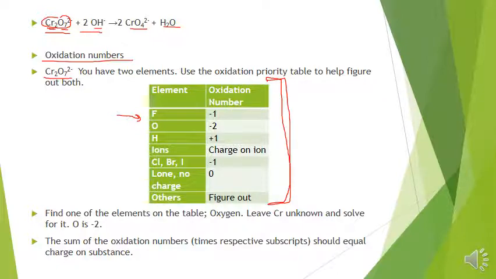Now it's just a little thing about oxidation numbers. They're related to, but they're not the same thing as the ionic charge. They actually found these oxidation numbers before they did the charges, and so oxygen, when it's an ion, has a 2 minus charge.